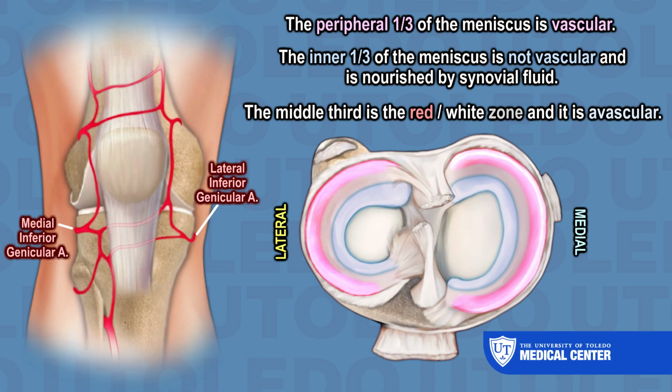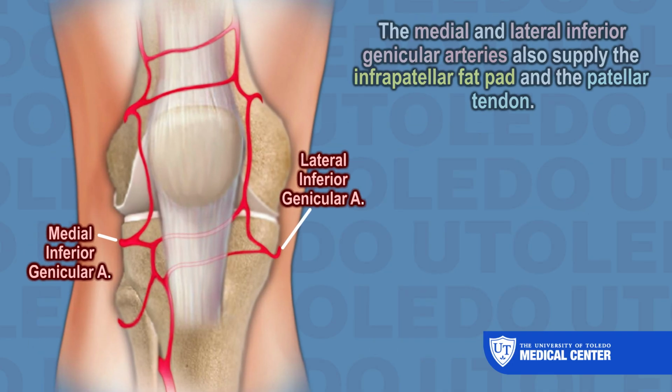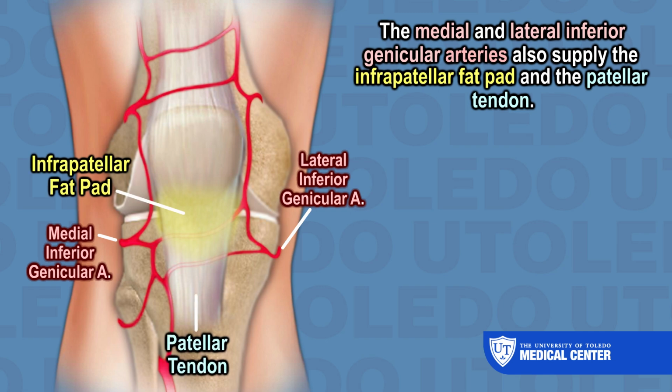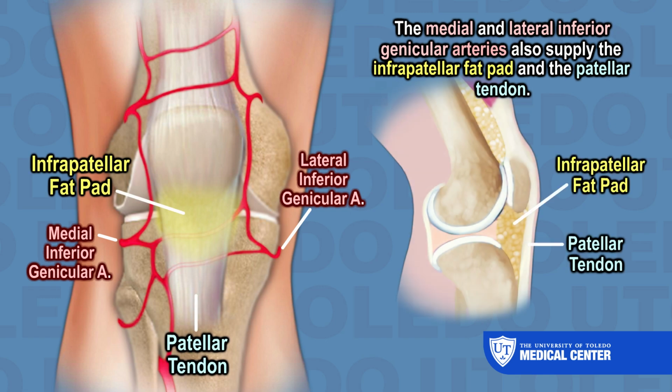The peripheral 1/3 of the meniscus is vascular. The inner 1/3 of the meniscus is not vascular and is nourished by synovial fluid. The middle third is the red/white zone, and it is avascular. The medial and lateral inferior genicular arteries also supply the infrapatellar fat pad and the patellar tendon.